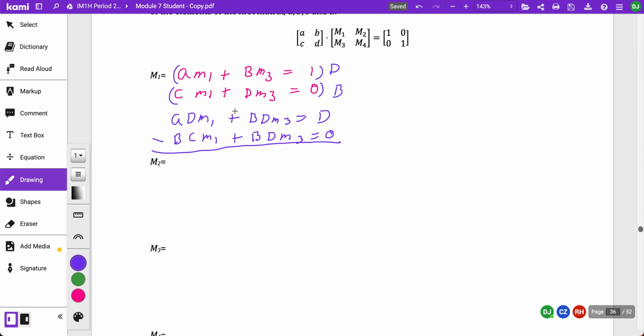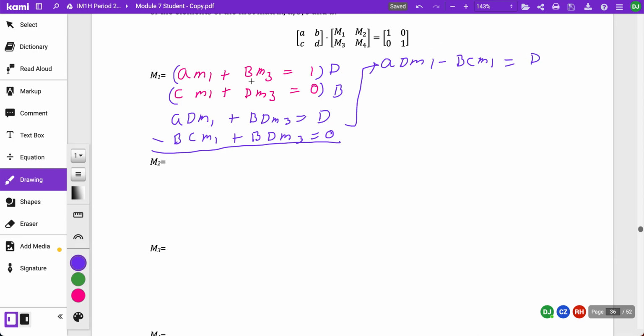So ADM1 up here would be ADM1 minus BCM1. Those are different variables, so I'm just going to write minus BCM1. And then my BDM3 and BDM3 cancel out, and D minus 0 is just D.